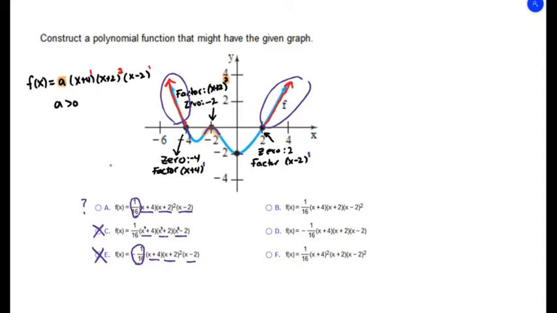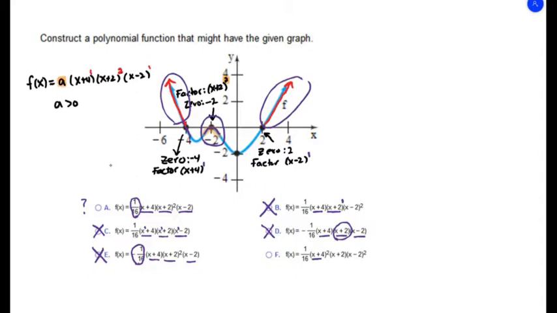The next one has x plus 4, x plus 2, but only one power of x plus 2, or one factor of it. So we know that doesn't match the multiplicity at that point. The next one has x plus 4, x plus 2, x minus 2. The multiplicity doesn't match, and also the degree doesn't match. That's an odd degree, and the end behavior doesn't match for an odd degree.